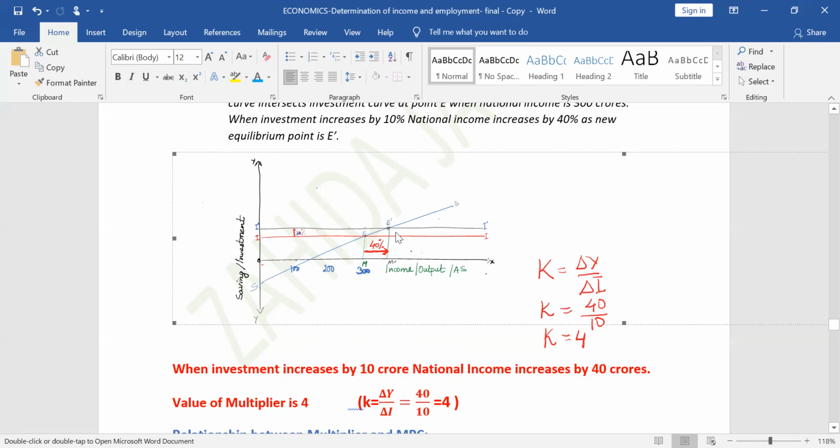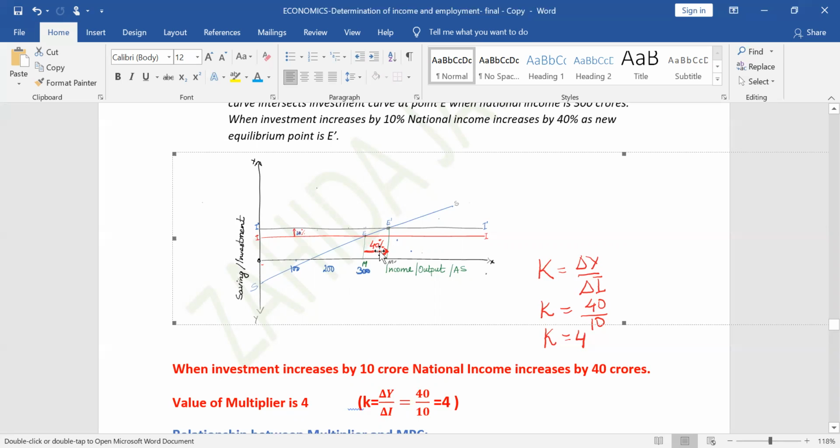The new equilibrium point is E dash, and the new equilibrium level of income, employment or output is M dash, which is 340. Now note that investment has increased by 10%, whereas national income has increased by 40%. So national income has increased more than the increase in investment.